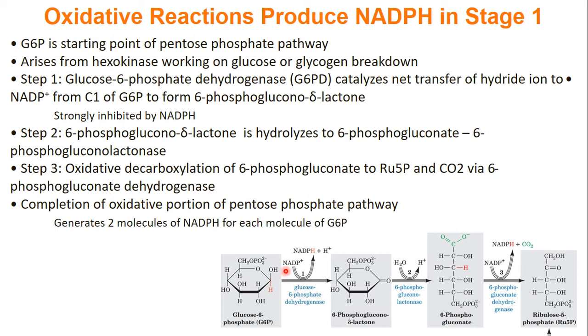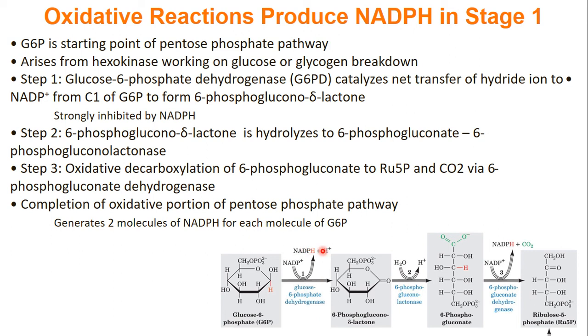And what's going to happen is that you have an NADP, you're going to form NADPH. Notice how weird these arrows look, how there's 3 lines. This is saying that this is non-reversible. This is very strongly favored towards the right. Our enzyme glucose 6-phosphate dehydrogenase is inhibited by NADPH, strongly inhibited.